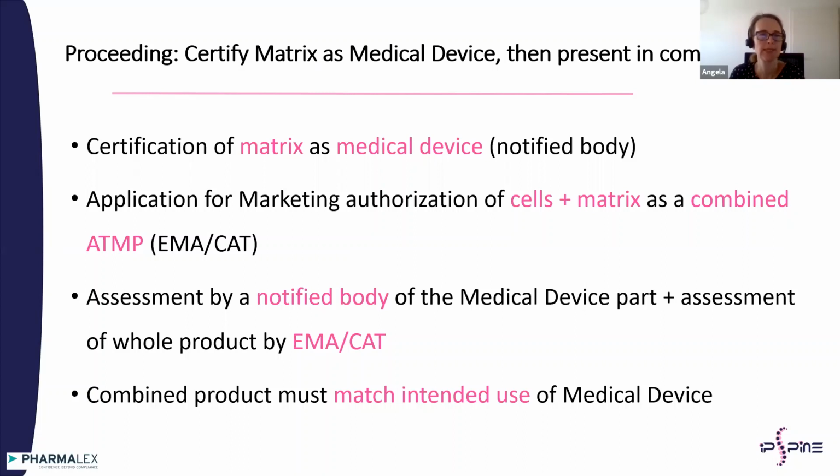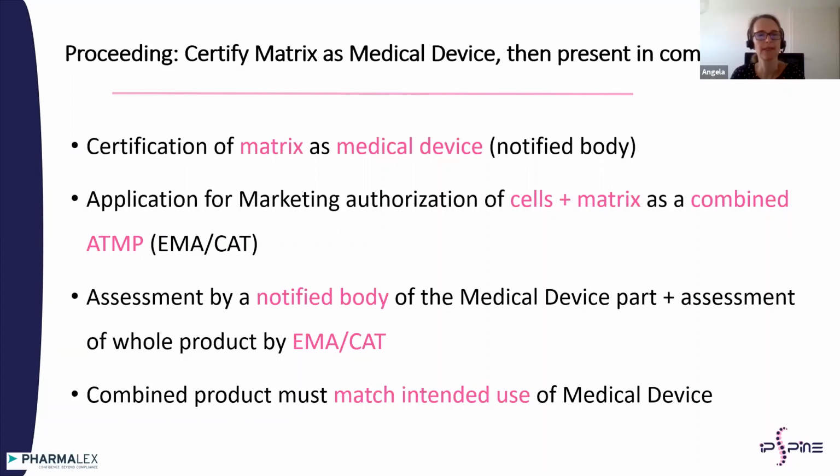So in this case, we would certify the matrix as a medical device, and this is not done in email, but it's done via a notified body. We would then apply for marketing authorization of the cells plus matrix as a combined ATMP, and this will then be looked at by the EMA, or actually by the CAT at EMA.